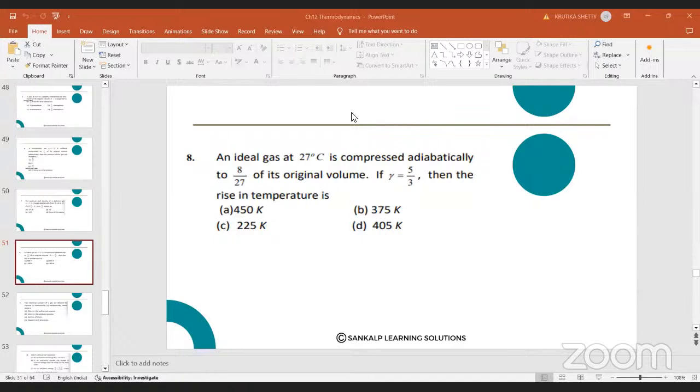An ideal gas at 27 degrees Celsius is compressed adiabatically to 8 by 27 of its original volume. So then the volume here becomes like this.